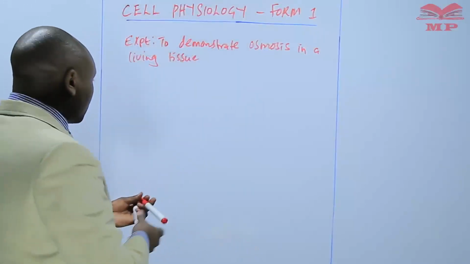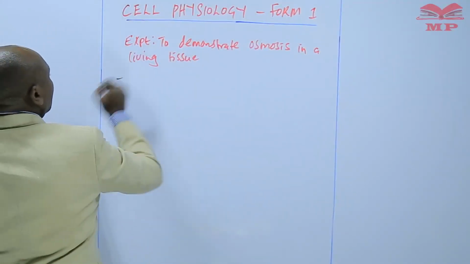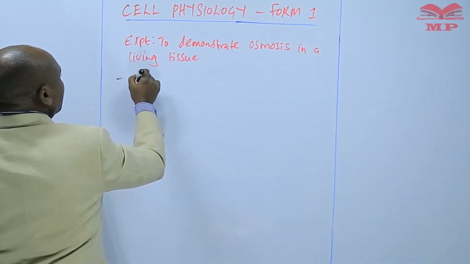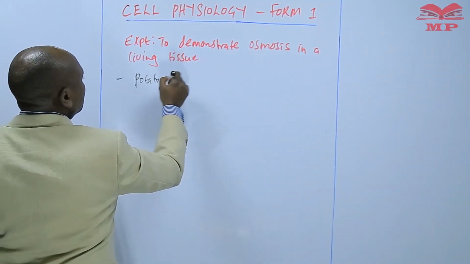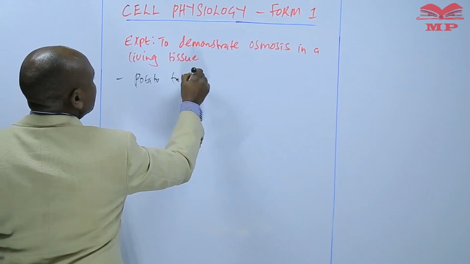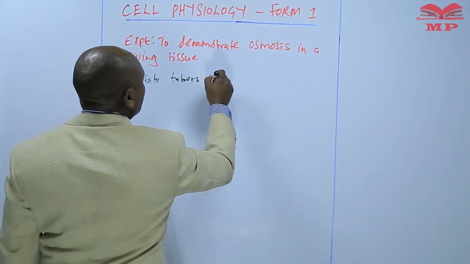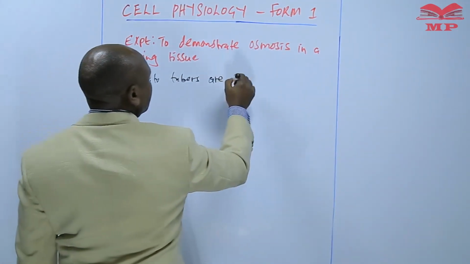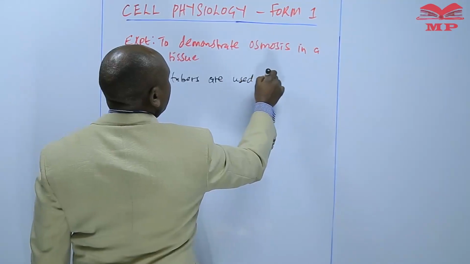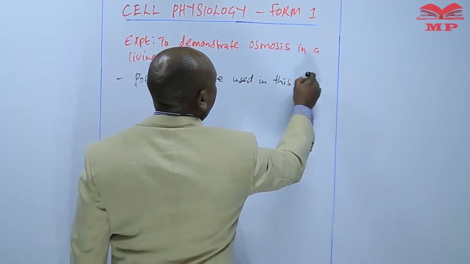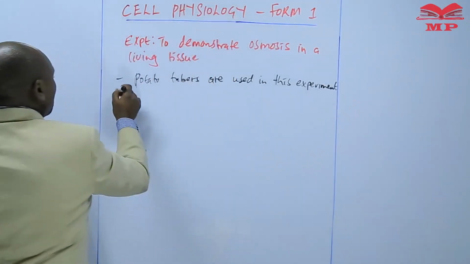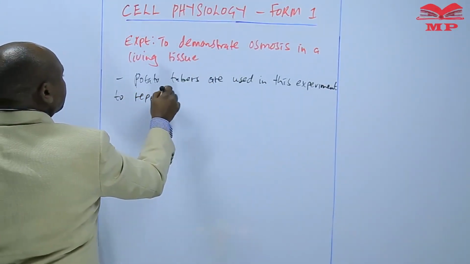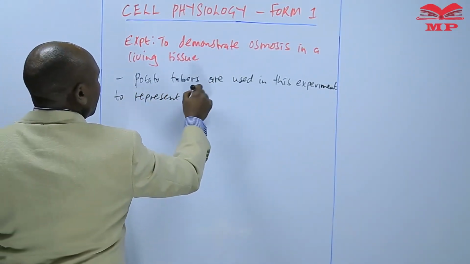So here we can say that potato tubers are used in this experiment to represent living tissue.